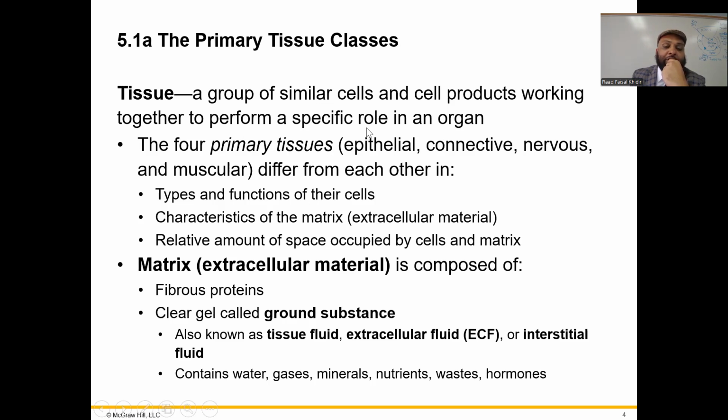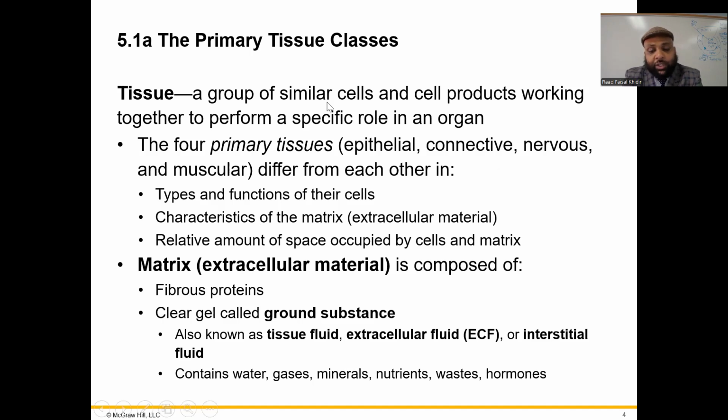And the four primary tissues, as we said, are the epithelial tissue, the connective tissue, the nervous tissue, and the muscular tissue. And they differ from each other in the types and functions of their cells and the characteristics of the matrix, extracellular material, and the relative amount of space occupied by the cells in that matrix.